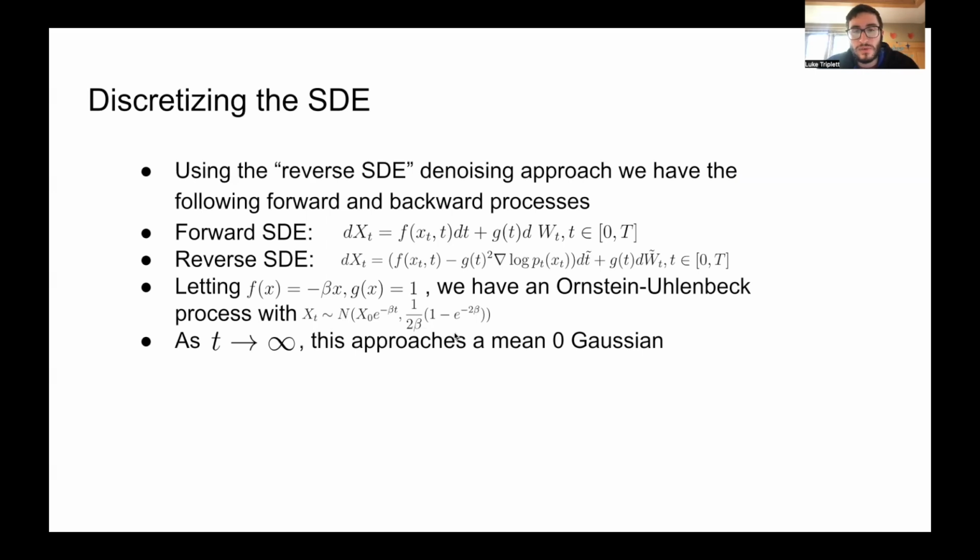And if we make this choice, we can explicitly calculate the probability distribution of the forward process in terms of the original probability distribution, like we did in a homework problem as shown here. And the important thing to note is that as time approaches infinity, this distribution approaches a mean zero Gaussian, which is very easy to sample from.